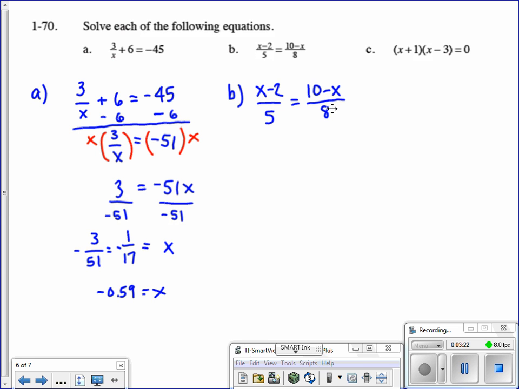There are several ways you could solve this. You could cross-multiply, or you could multiply both sides by a number that 5 and 8 both go into. I'm just going to cross-multiply. I'm going to say 5 times the quantity of 10 minus x is going to equal 8 times the quantity of x minus 2.